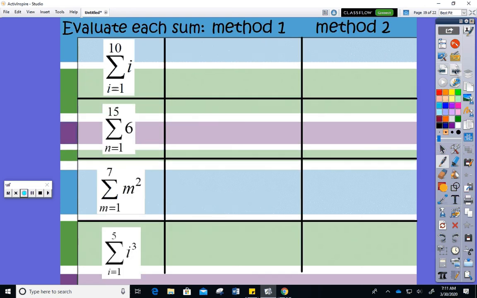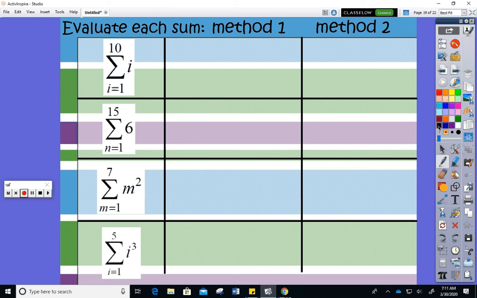Now we're going to do this same kind of thing, and we're going to look at two different methods. So our first method is going to be doing what we've just been doing, just straightforward, add the terms it says. So on this first one, I'm going to say a sub 1 plus a sub 2 plus a sub 3 plus a sub 4.